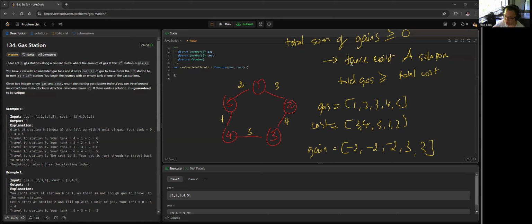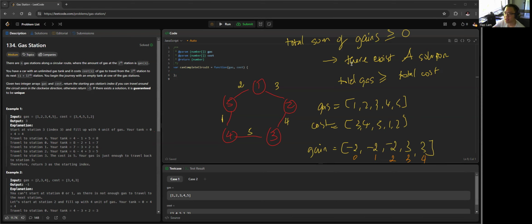whether it makes sense to start. We should start at the station where it will give us the maximum amount of gas. In other words, we should start at the station that will give us the most amount of gas.